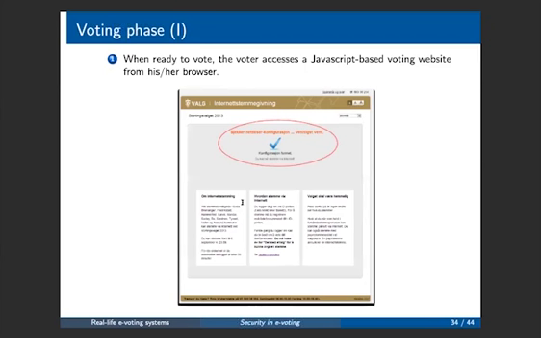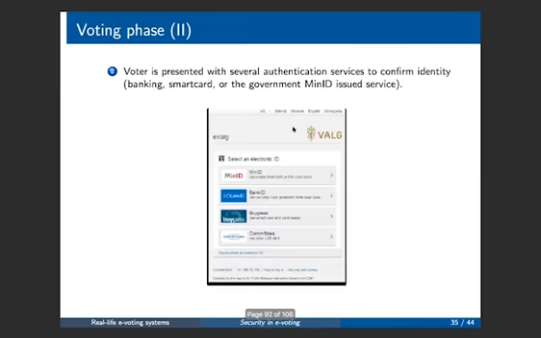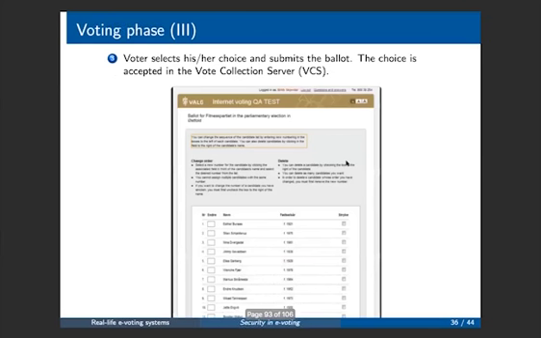Then, when the citizen was ready to vote, they would access a JavaScript website. So they could see the process here starting. Then the voter was presented with authentication services. So they could use this MinID, which is somehow the equivalent of our NemID in Denmark. Then the voter was expected to select the choice.